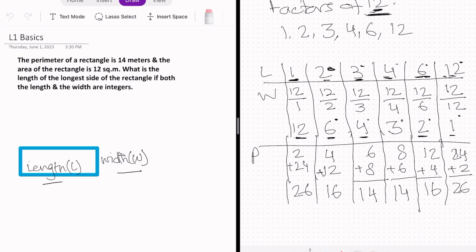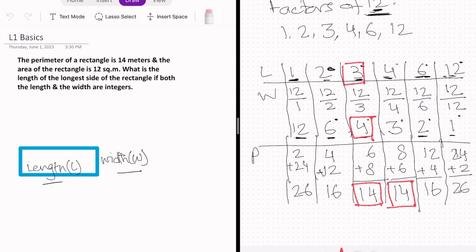Now, out of this, these two happen to be the ones with a perimeter of 14 and an area of 12. So, if the length is 3 and the width is 4, the area is 12, 3 into 4, and the perimeter is 14, which meets our needs.